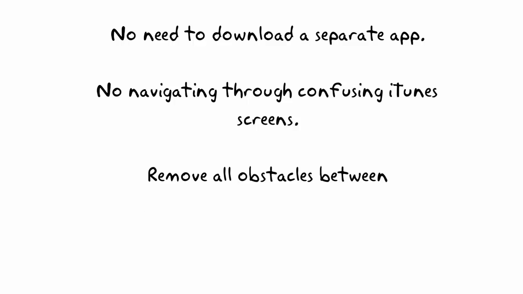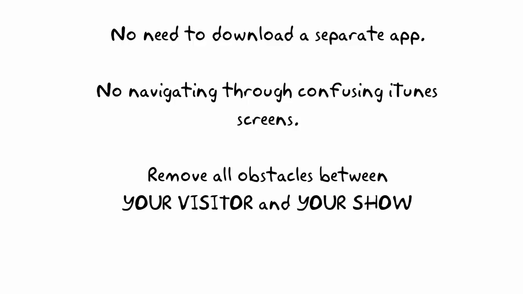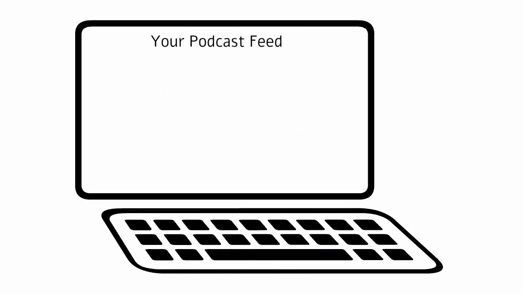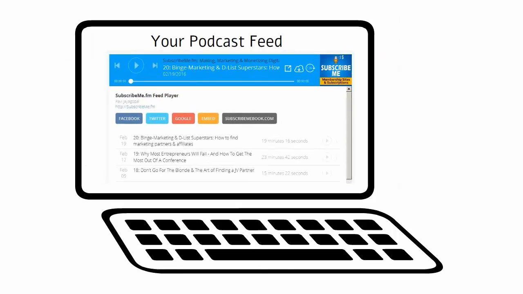Remove all obstacles between your visitor and your show using 2-click play. And if you want to give them a full taste of your entire show, create a page with your entire feed using the CoolCast Player feed player and promote that page directly on social platforms and your email lists.